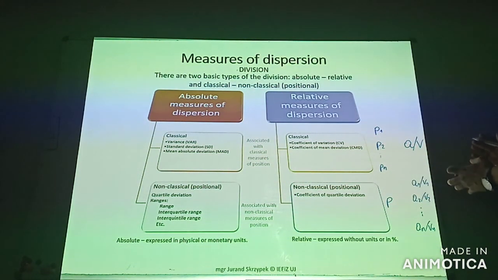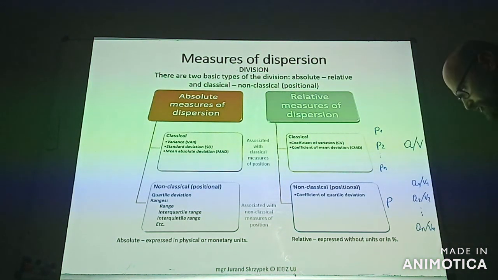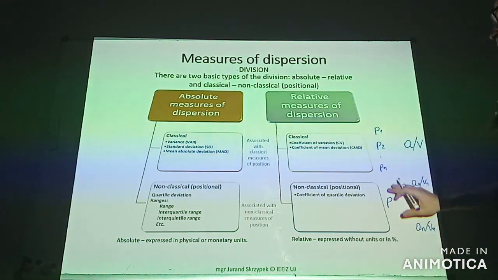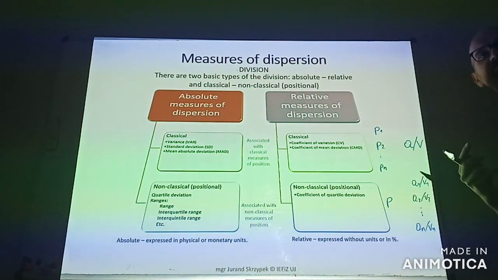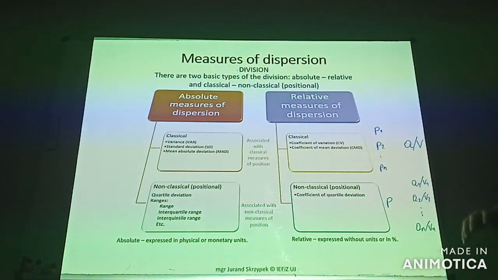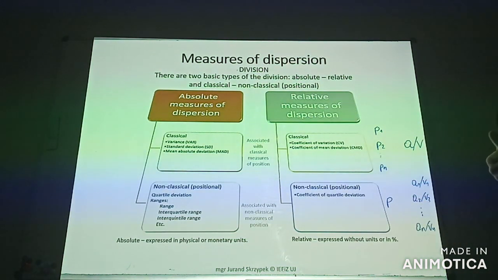And we can compare the differentiation in one population, but in point of view of different variables. And this is the situation when we use the relative measures. Relative means that these measures can be compared between different populations and between different variables, different attributes.